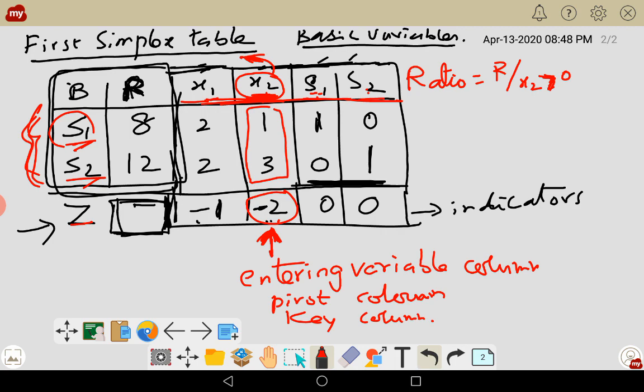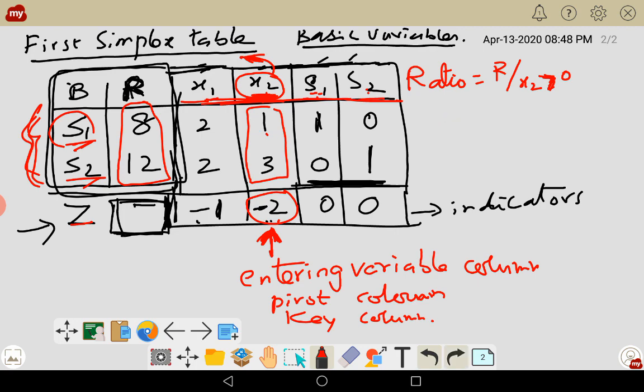It means you are going to find r divided by x2. The column r is given here. But if there is any negative value or 0 in the column of x2, we will not find the ratio, we will put a dash. If this is -1, I will not find the ratio. If this is 0, I will not find the ratio, right? That is it. Okay.